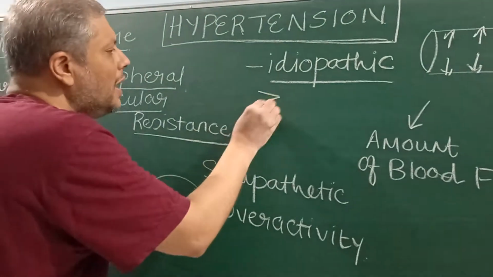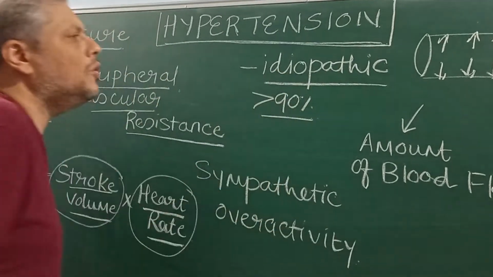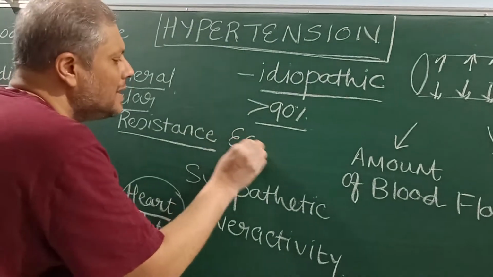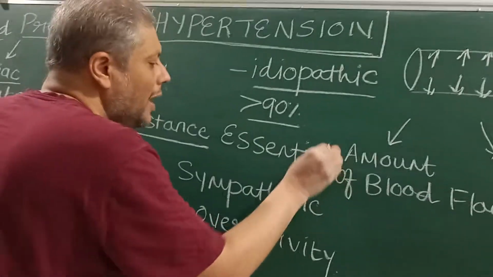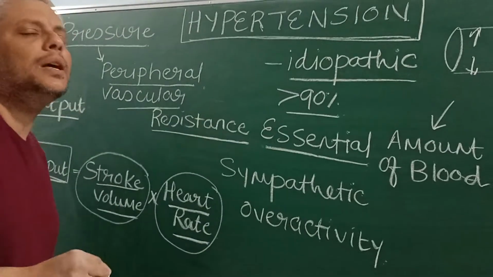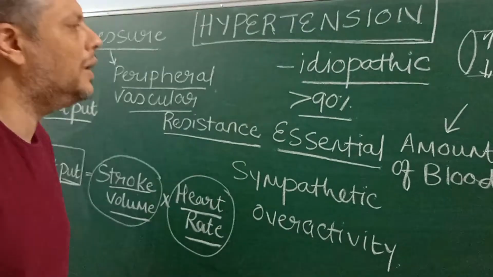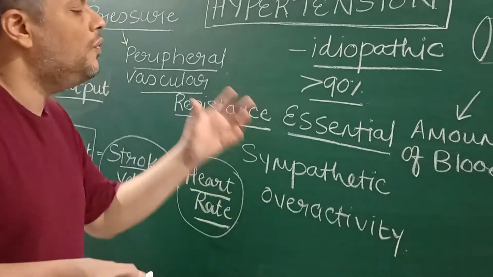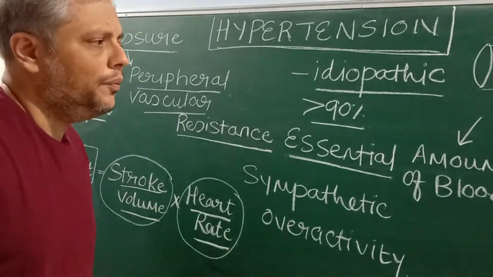In more than 90% of the cases, we don't know the reason for the hypertension, and that's why it is called essential hypertension. And not only do we not know the reason, we can't find it out. There is no reason there. So the only targeted approach is that we have to control the blood pressure.